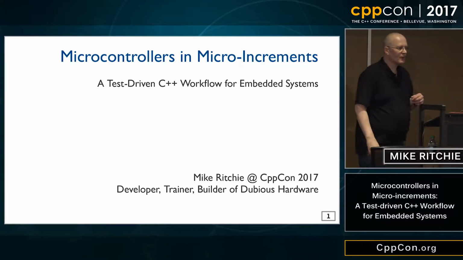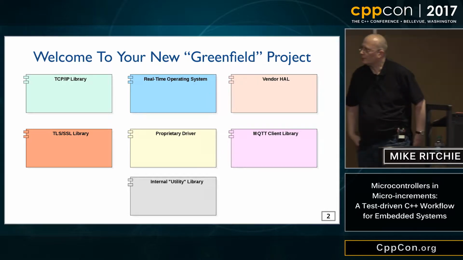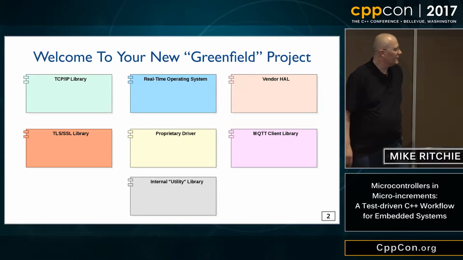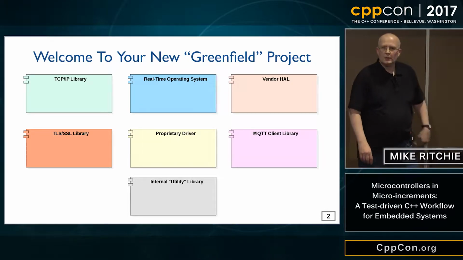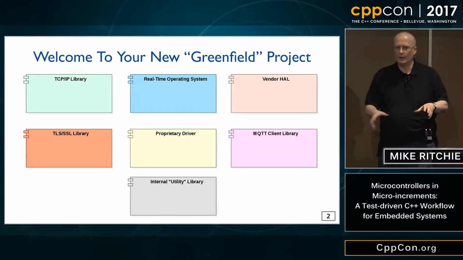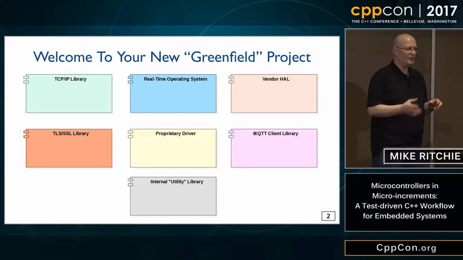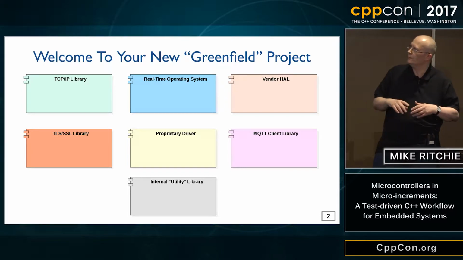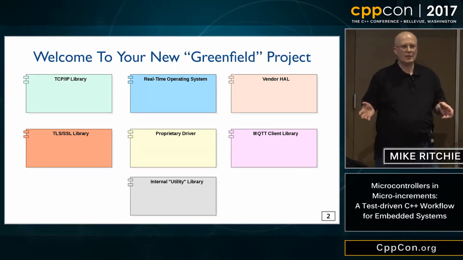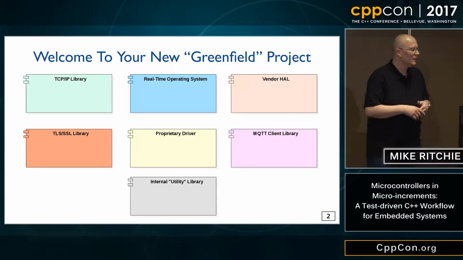So just to set the scene a little, I just want to look at some trends in embedded that I think shape the way that we're doing development now. I'm going to caveat this very heavily because I don't have hard data on this. This is based on conversations that I've had with individuals and with teams. But I think this situation of a more library-rich embedded environment is becoming more and more common.